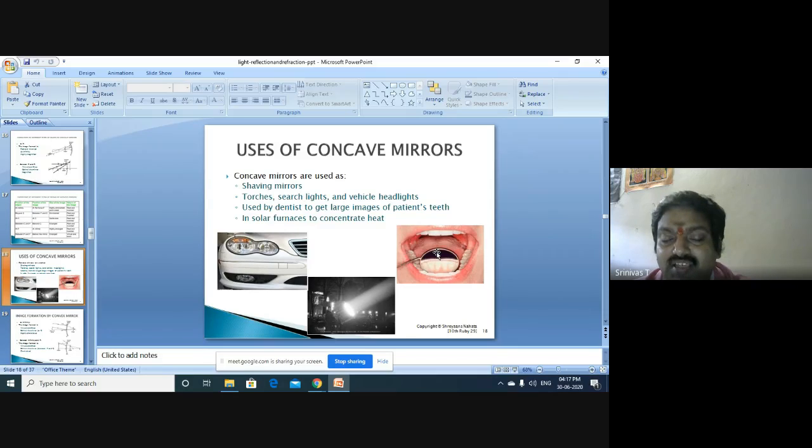So yes, we can concentrate heat using mirrors. Already we have done some examples and some activities in the previous classes as well, right? Doctors typically use the concave mirror to examine the patient's teeth. So these are the different cases where you use concave mirrors.